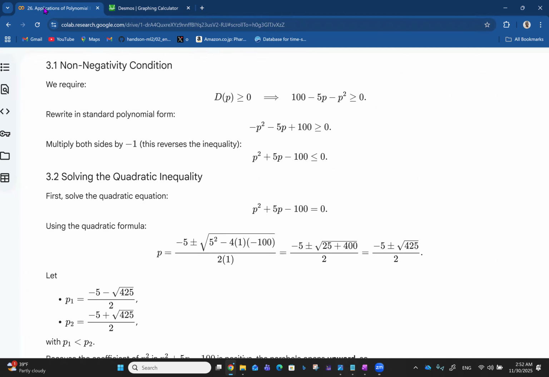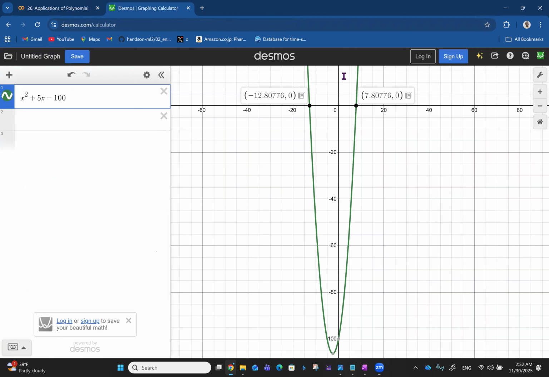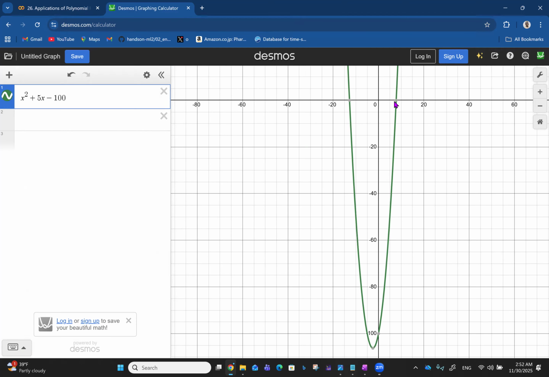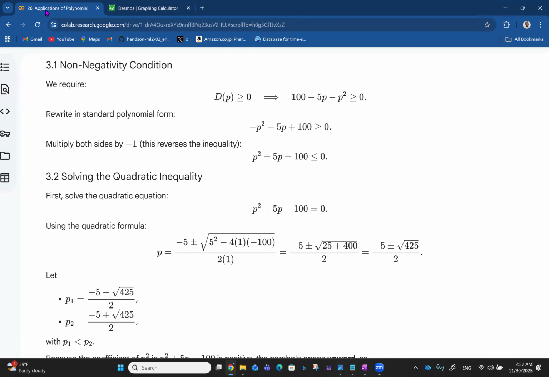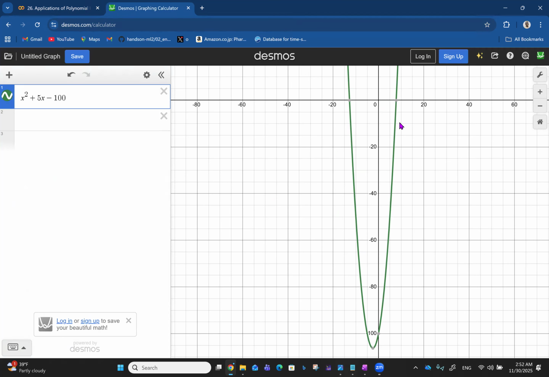In this case we need a positive value. We need this particular one. It has to be something between 0 and this point, because anything beyond doesn't help, since we need only positive price, because price is on the x-axis, right?